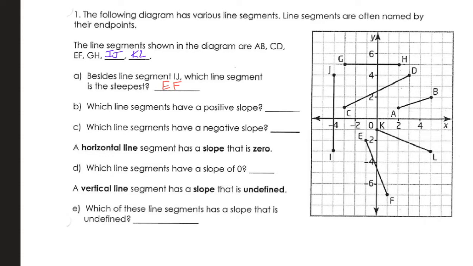So, if I go through, which line segments have a positive slope? Well, there's a line segment that was rising to the right, and I think that's it. So I have line segments AB and CD.